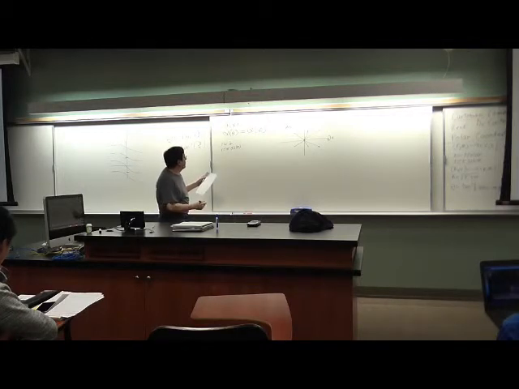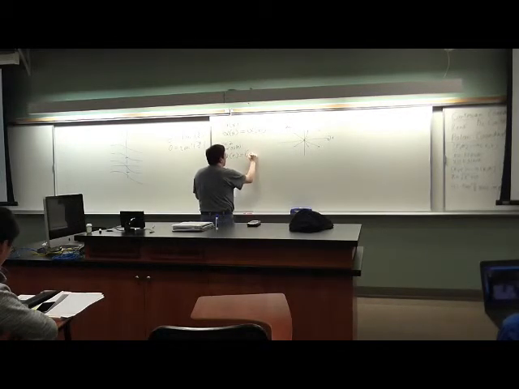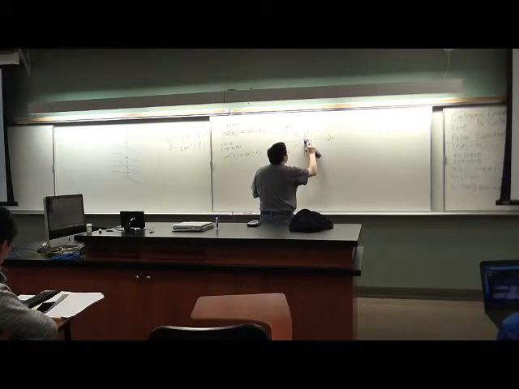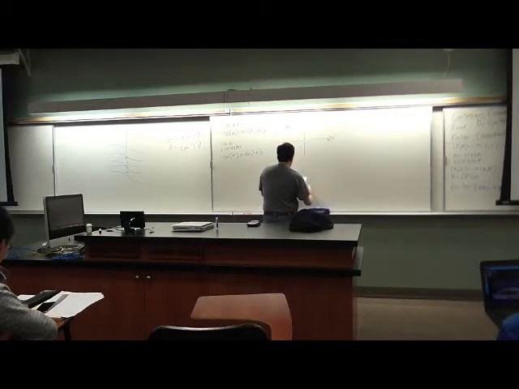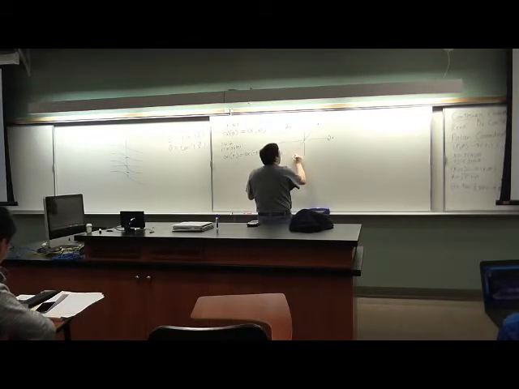On the other hand, if alpha of r is equal to alpha of negative r, so what would that look like? So if this is a point, then this is also a point.